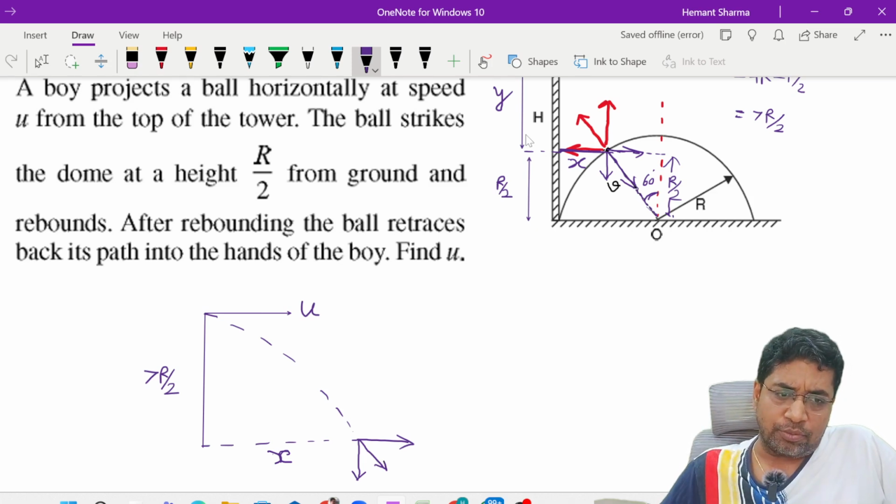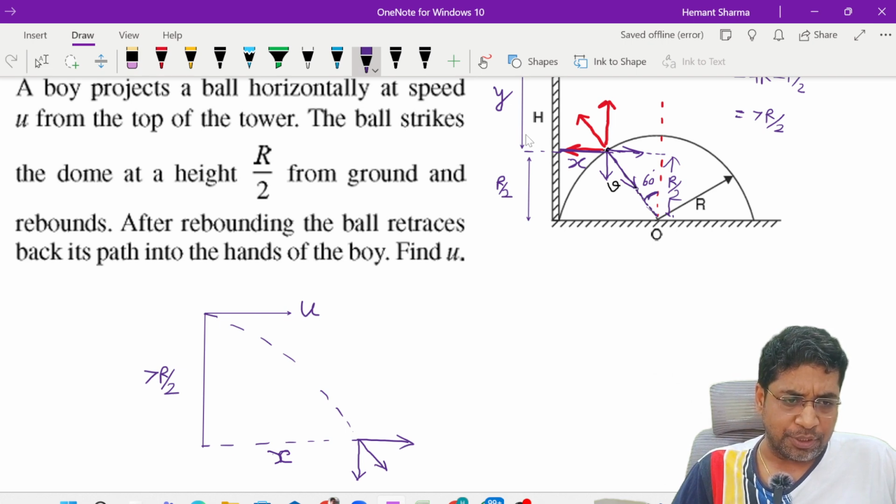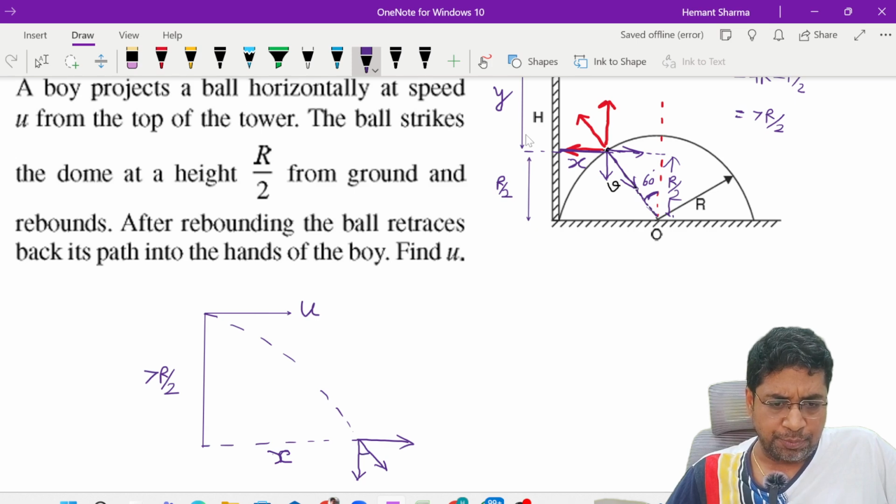So when I say center of the dome, we already have calculated this particular angle, 60 degree.